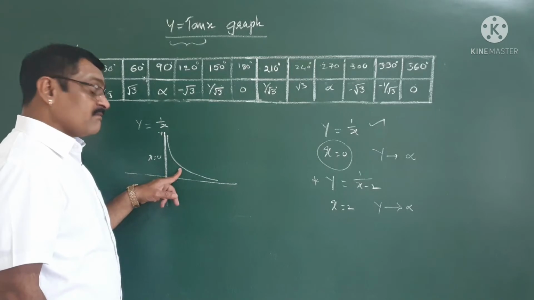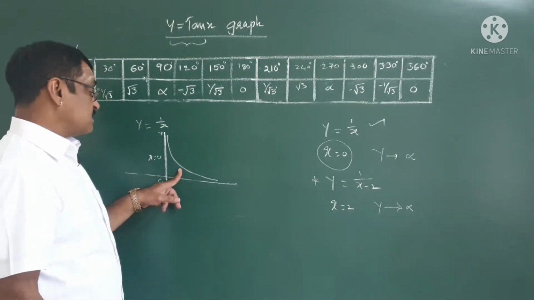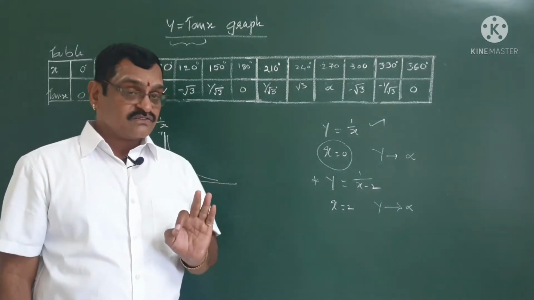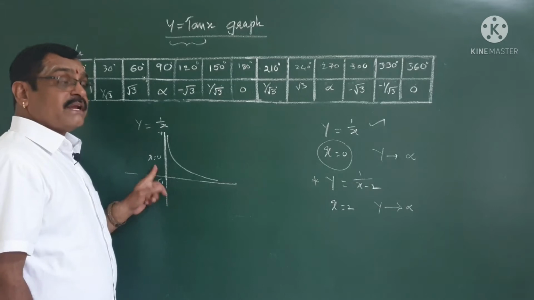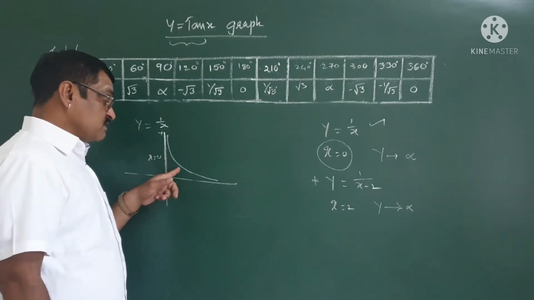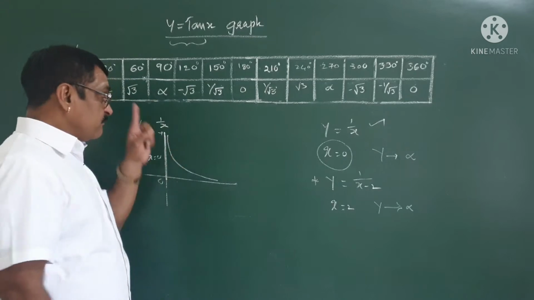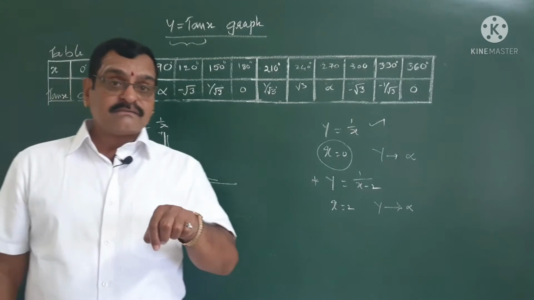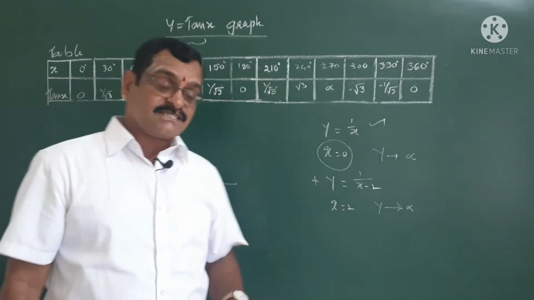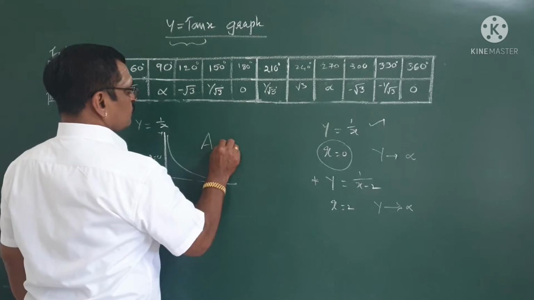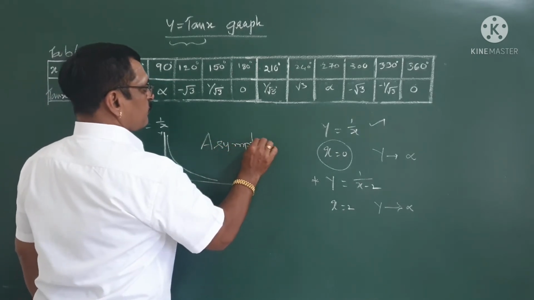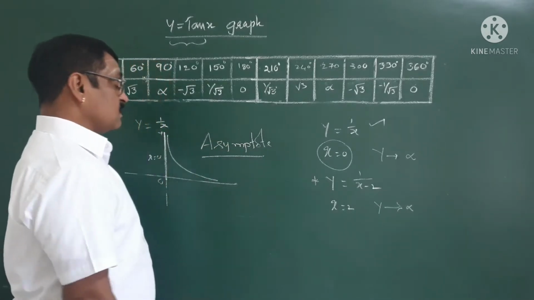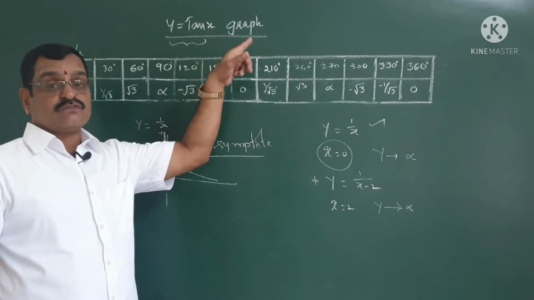And this curve never meets the y-axis at a finite distance, or simply I can say this x is equal to 0 is a tangent drawn to this curve at infinity. The tangent drawn to the curve at an infinite distance is called an asymptote. Very simple concept. Why? Because I want this asymptote concept for the graph y is equal to tan x.